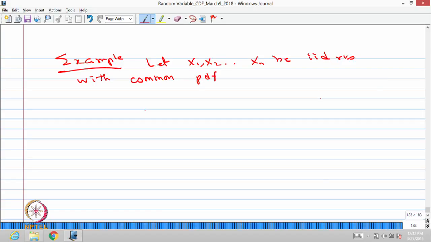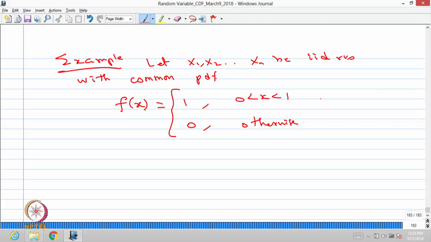That means all the random variables are of the continuous type. The common probability density function is 1 when x lies between 0 and 1, otherwise it is 0. All are IID and continuous type random variables with the common probability density function f of x as this.